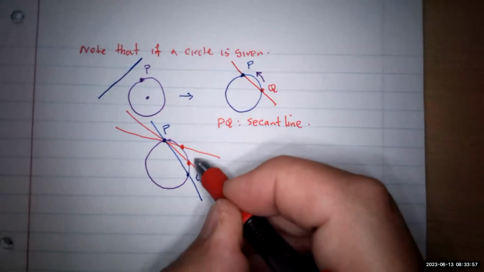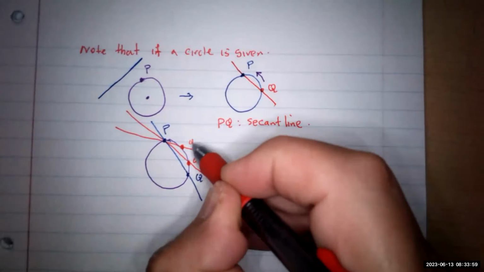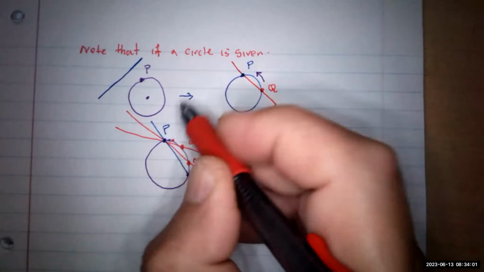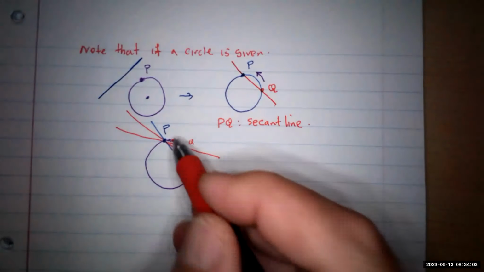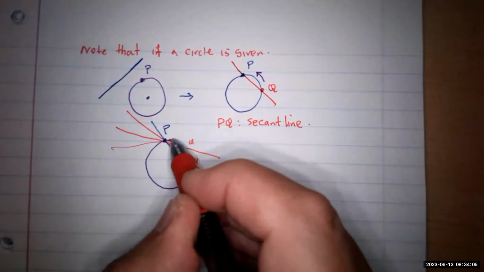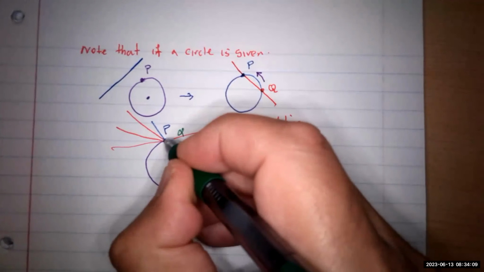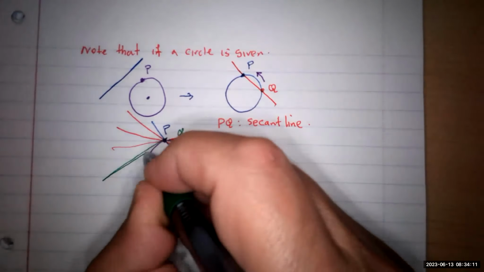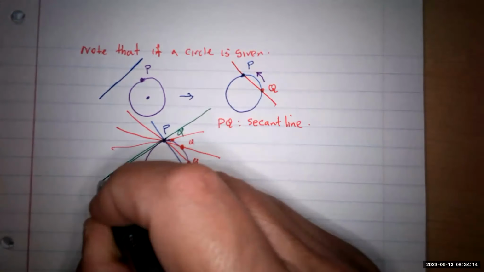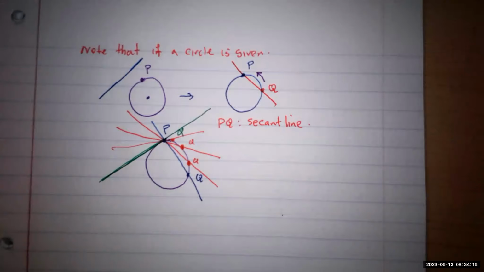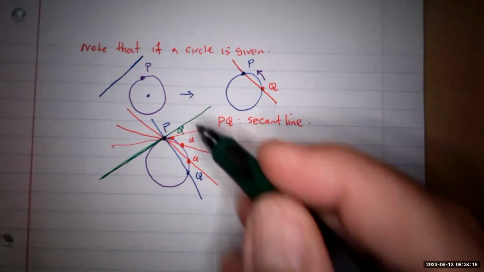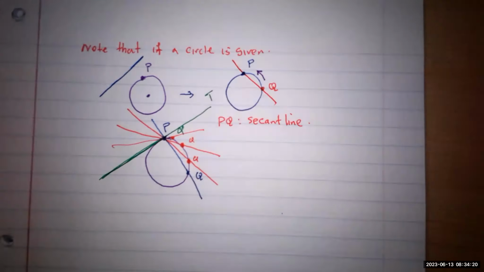So this is going to be your Q, and this is going to be your Q. As you can see, if you get closer and closer to the point P, eventually this point Q is going to be the same as the point P, and that would give you the tangent line.